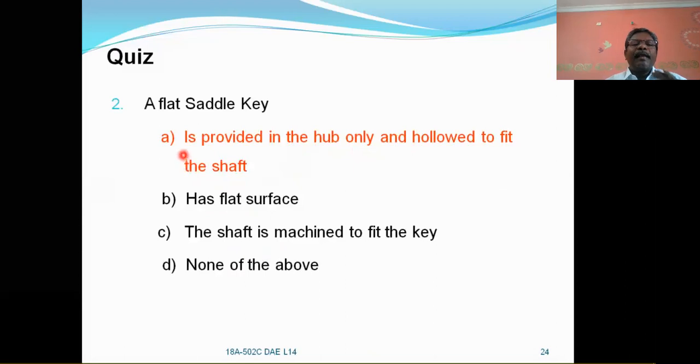So in this, A is the right answer, B is also a right answer, but it is hollow to fit the shaft. That means it is going to have a flat surface. Actually, both are correct.